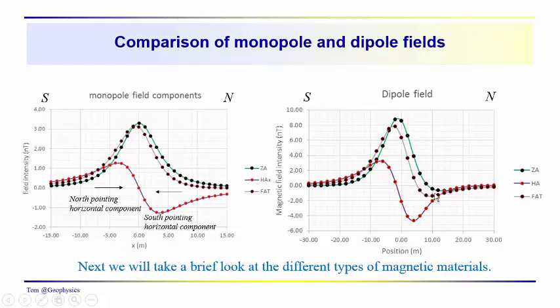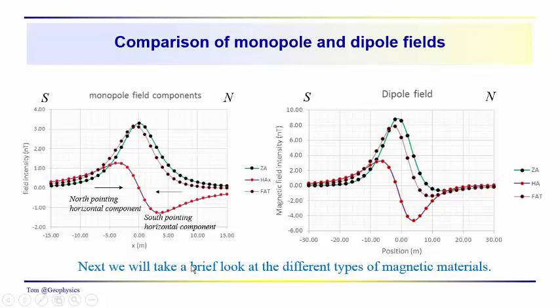So we see this general dip because the total field intensity, anomalous total field intensity, is just the square root of the sum of the squares here. We're going to see it also dip to the north. In addition, again, just to be redundant, the vertical component for the dipole field is not symmetrical as it was for the monopole field.